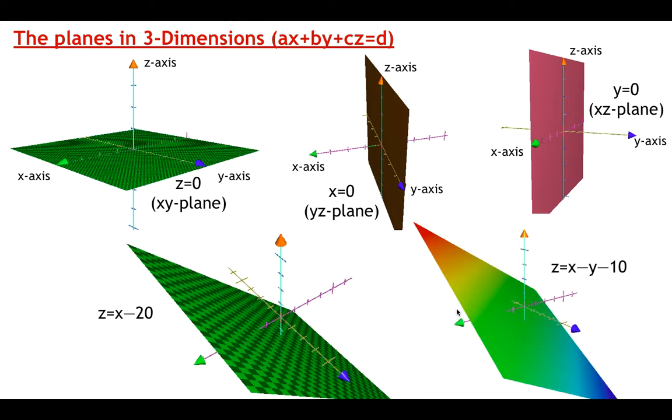And similarly we can have planes which cross both the x and y axis, like z equal to x minus y minus 10. In the positive direction of the x-axis and negative direction of the y-axis, when y takes negative values, both terms add up and z will increase.